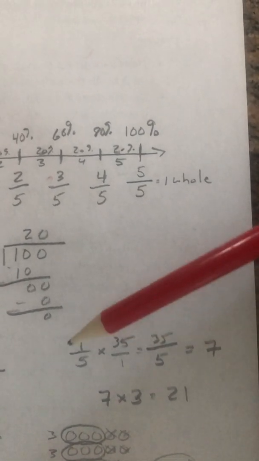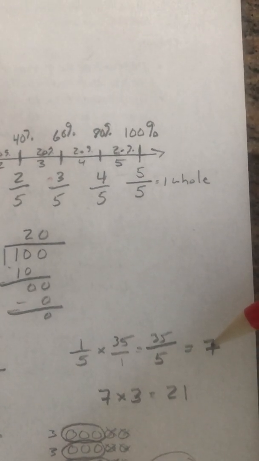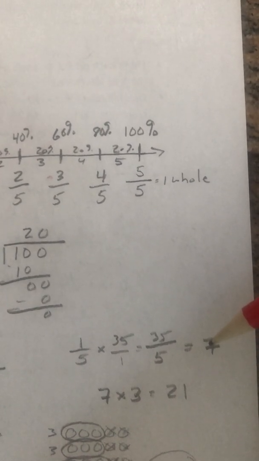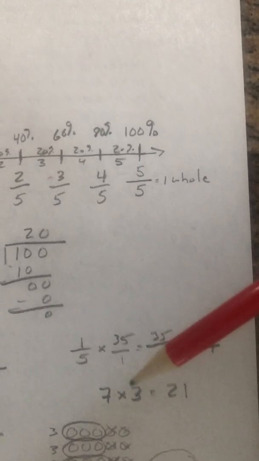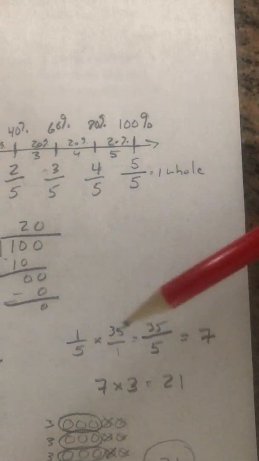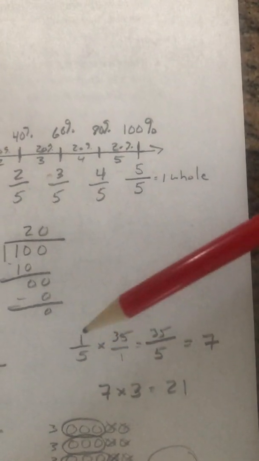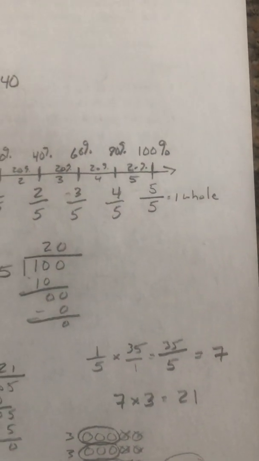So that's telling me that 1/5 is the same as 7 students. So in order to figure out what 3/5 is, if 1/5 is 7, 3/5 would be 3 times 7, which is 21. Some kids find this a little bit easier, finding the unit fraction first and then multiplying, because you end up working with smaller numbers.